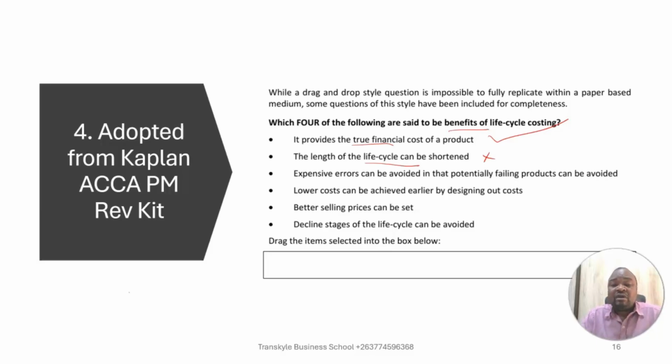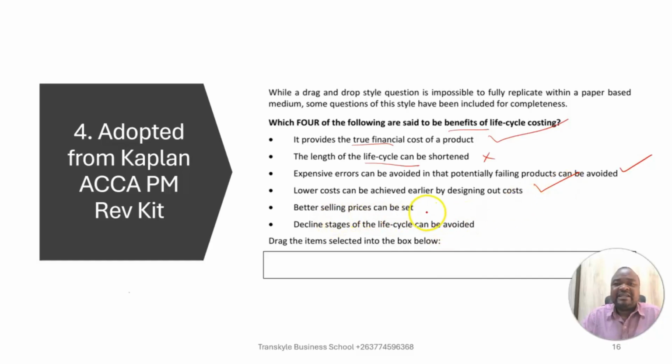So life cycle costing gives us much clearer lenses to see what is going to happen to this particular product given these scenarios. So this one is correct. Lower costs can be achieved earlier by designing out costs. Yes, we can ensure that our designs are so cost effective. So that one is a correct option.